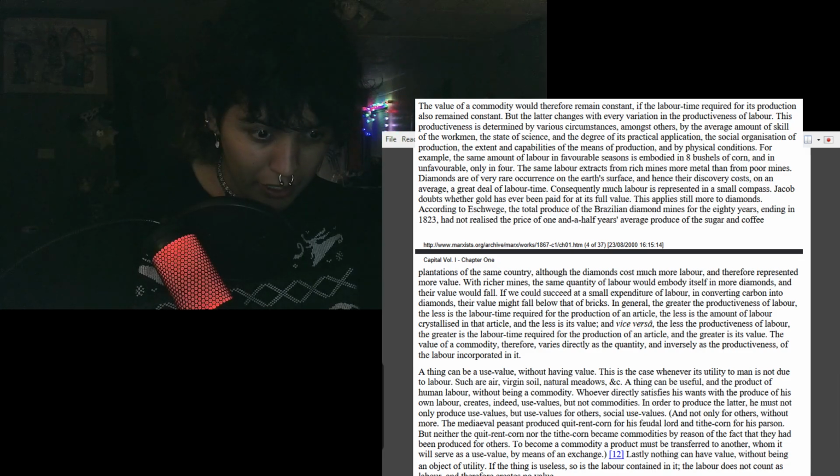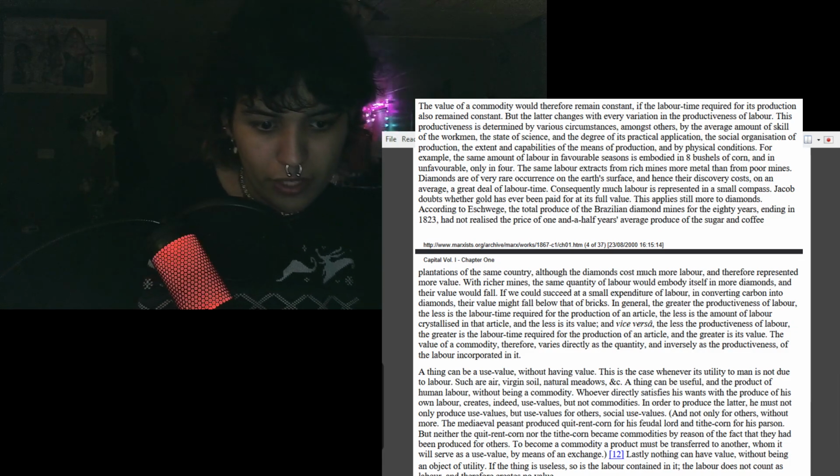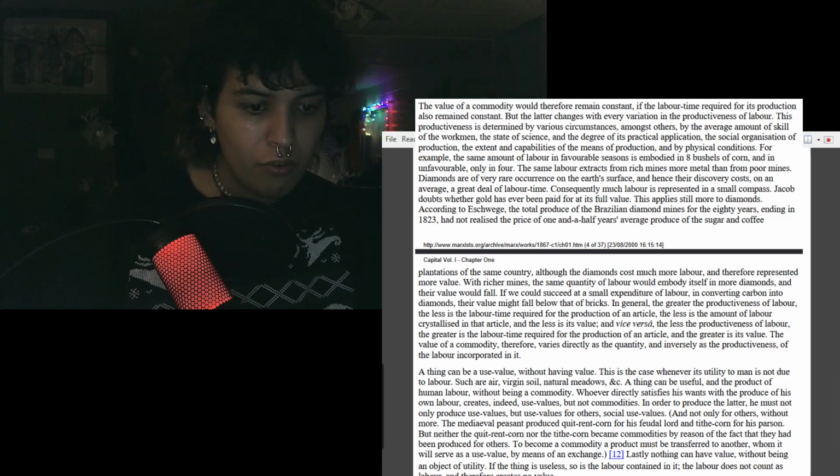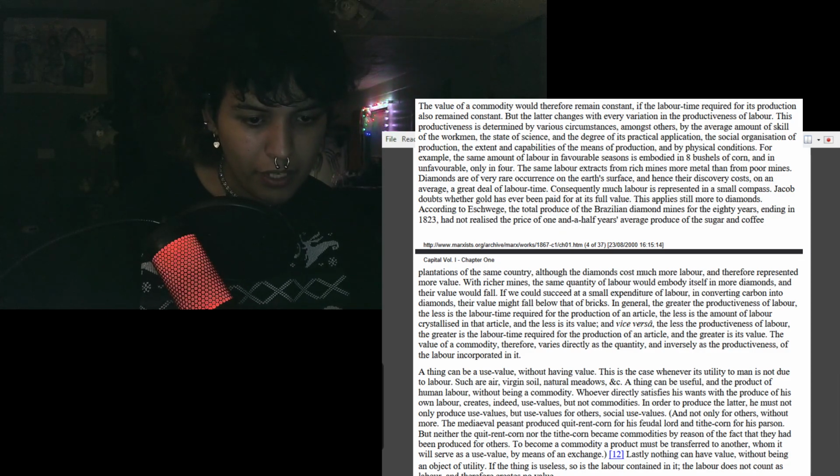Consequently, much labor is represented in a small compass. Jacob doubts whether gold has ever paid for its full value. This applies still more to diamonds. According to Eschwege, the total produce of the Brazilian diamond mines for the 8 years ending in 1823 had not realized the price of the average produce of 1.5 years of the sugar and coffee plantations of the same country.